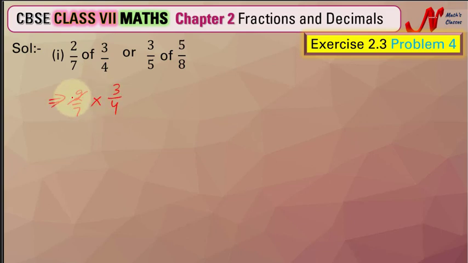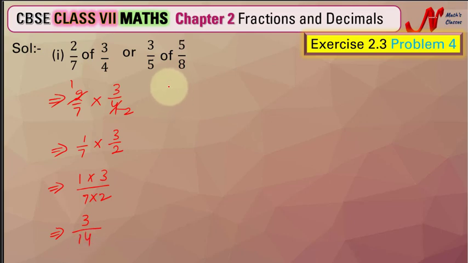Here cancellation is possible, so we cancel 2 ones are 2, 2 twos are 4, which implies 1 by 7 into 3 by 2, which implies 1 into 3 by 7 into 2, which implies 1 threes are 3, 7 twos are 14.